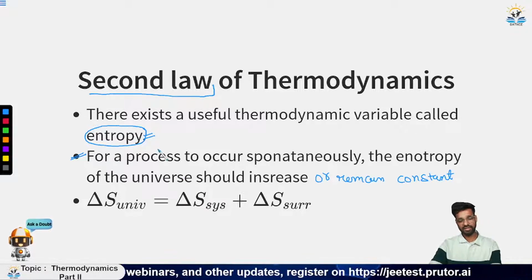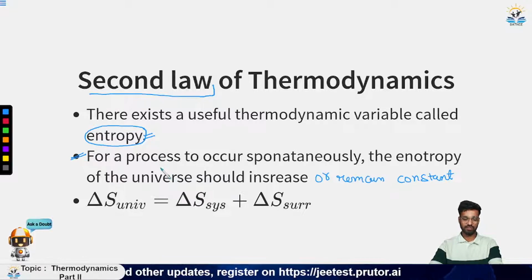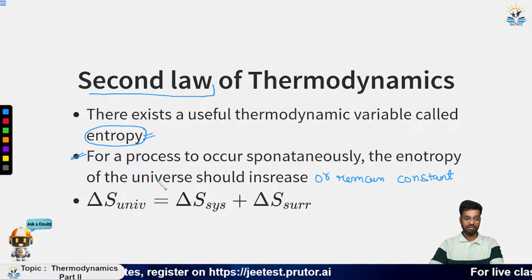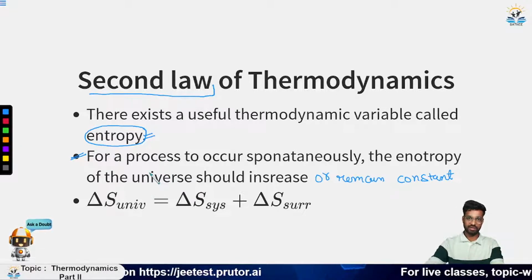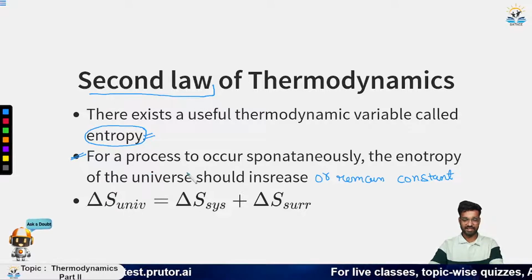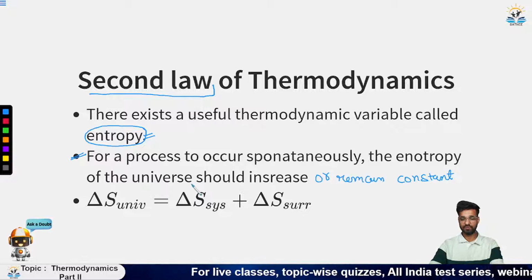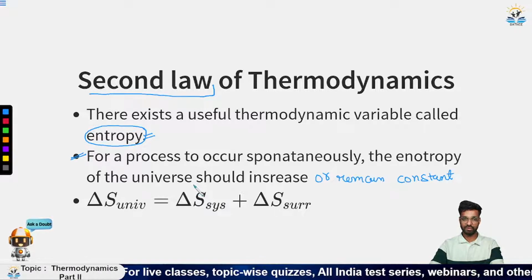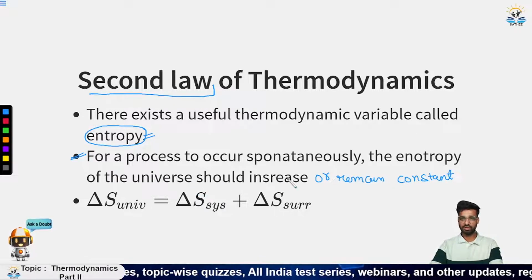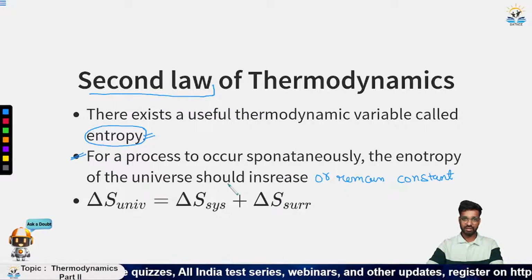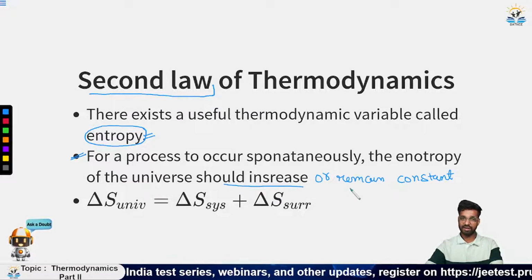Now you have just initiated that reaction, but you are not moving it to an external environment any further, you have only initiated it. So in that case, the burning of fuel is also this kind of spontaneous process. So for a spontaneous process to occur, the entropy should increase first of all, or it can remain constant.